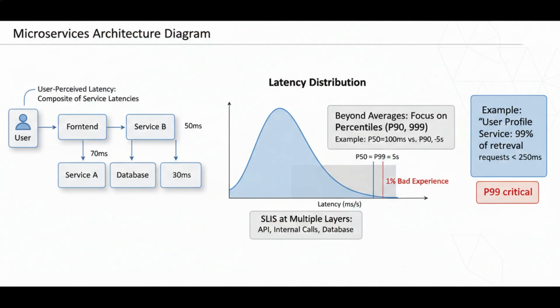For example, a user profile service might have an SLI that 99% of user profile retrieval requests complete within 250 milliseconds. This multifaceted approach helps identify exactly where the delays are occurring and ensures consistent performance for the vast majority of your user base.